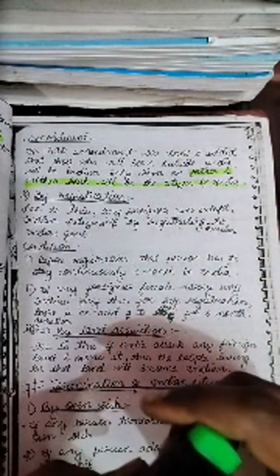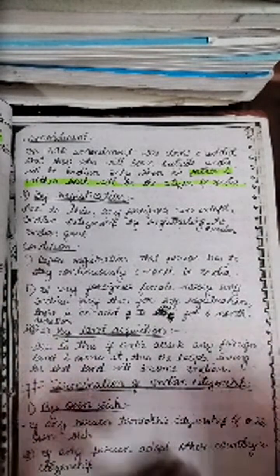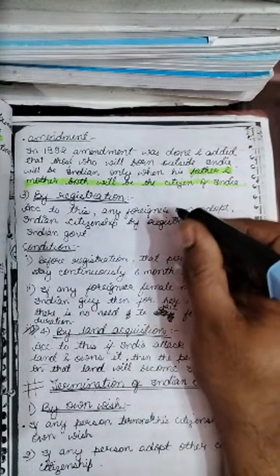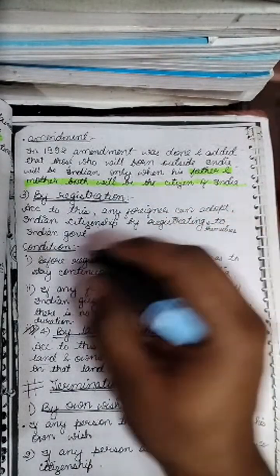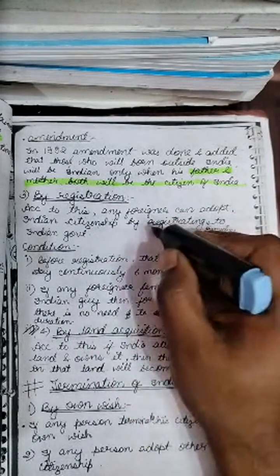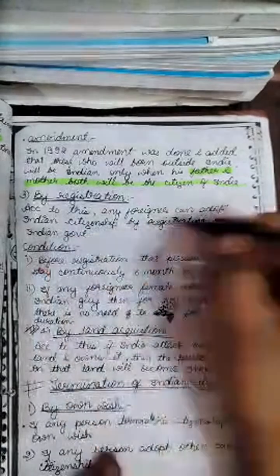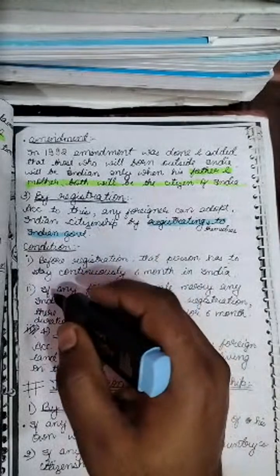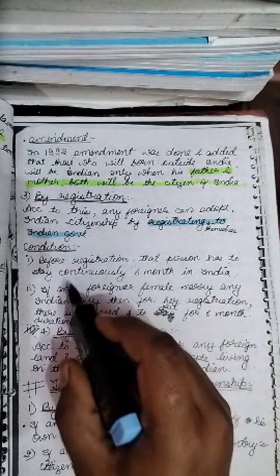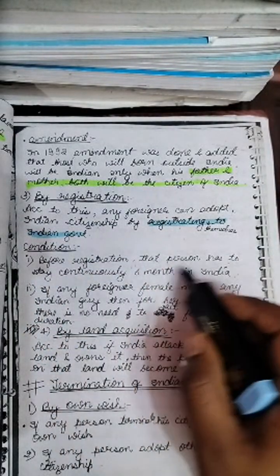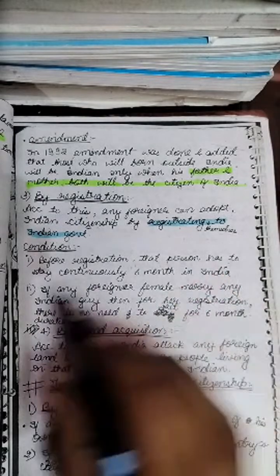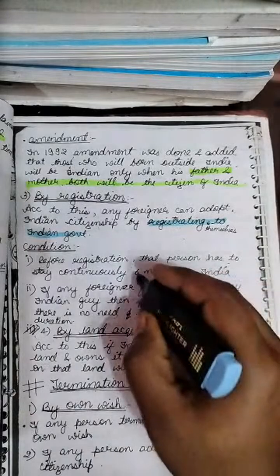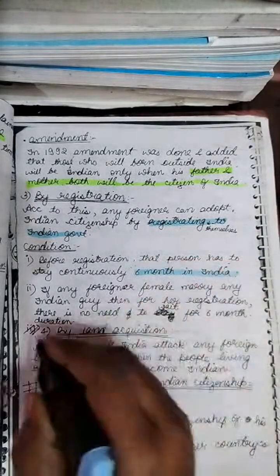By registration. According to this, any foreigner can adopt Indian citizenship by registration with the Indian government. Condition: before registration, that person has to stay continuously for 6 months in India.